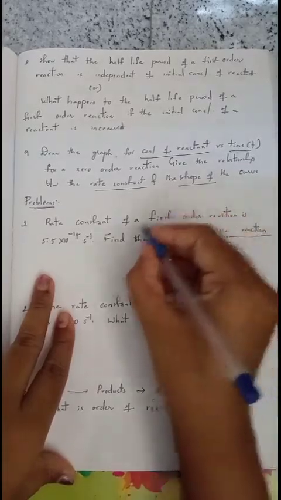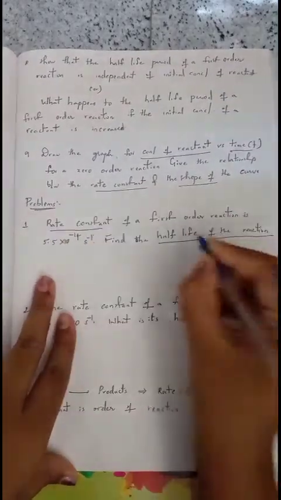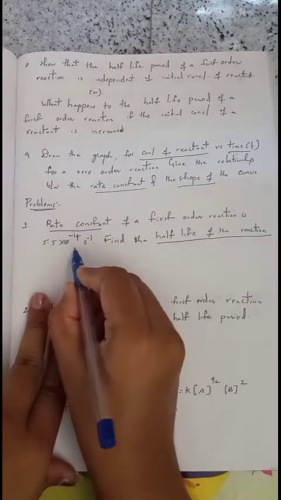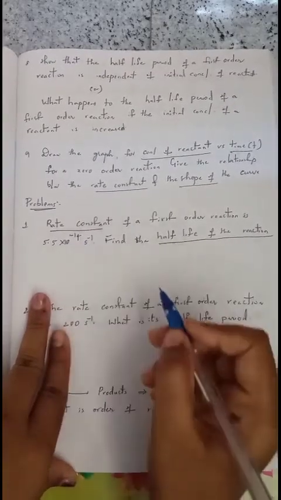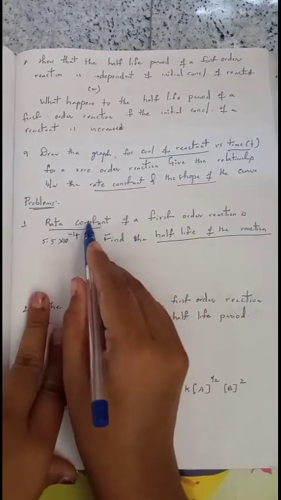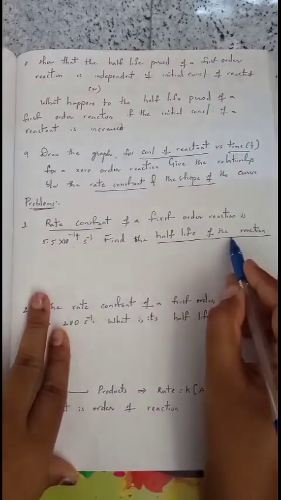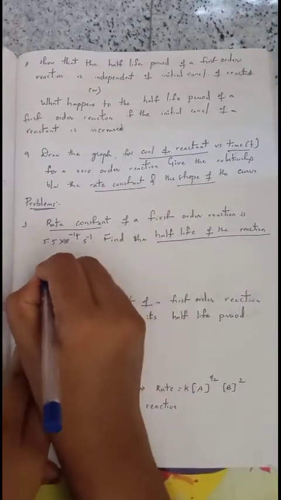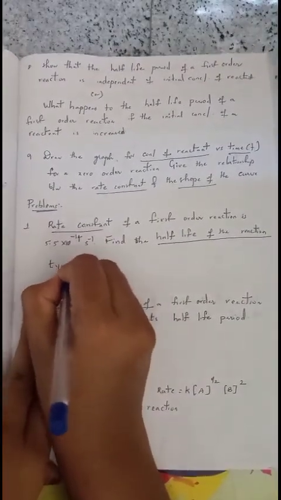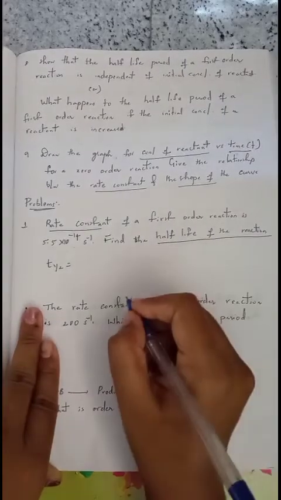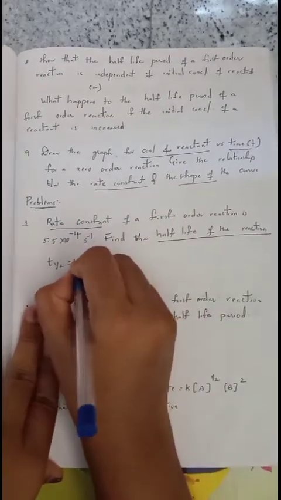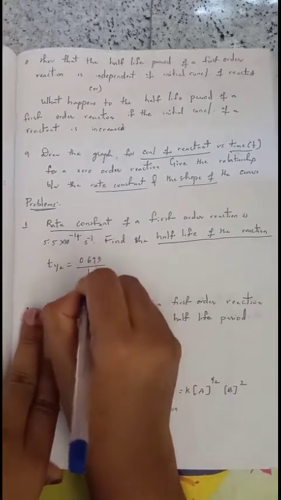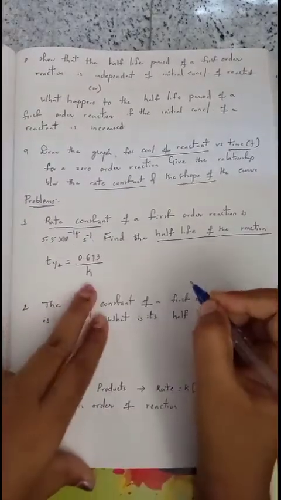They have given the rate constant for a first order reaction, and based on this rate constant you want to find out its half-life. Half-life is indicated by T half. For a first order reaction, T half is equal to 0.693 divided by K. K is nothing but the rate constant.